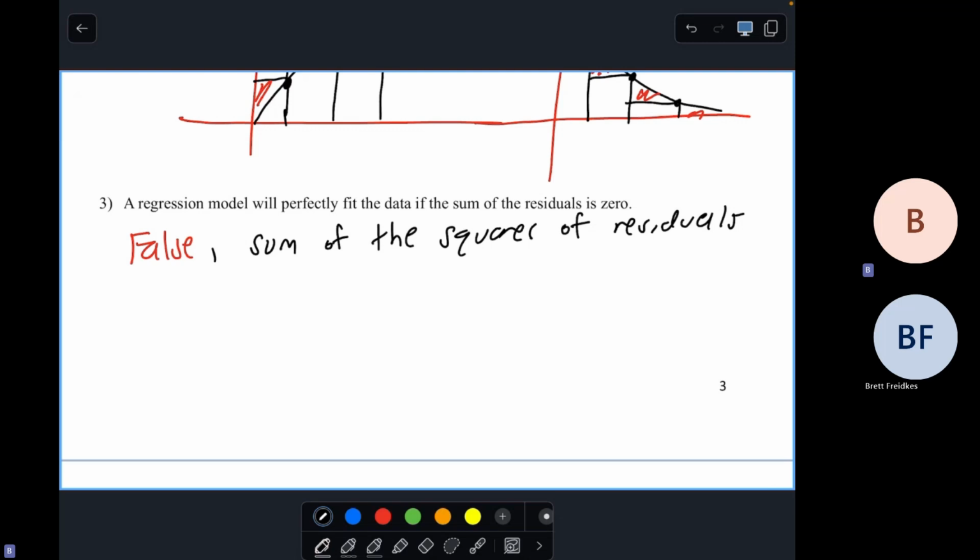You had the right idea, but again, words are important. Read the questions carefully. This is something we've talked about in class a lot, this idea of the positives and negatives canceling each other. That's why I asked this question last semester, because we talk about it a lot. Is that okay?